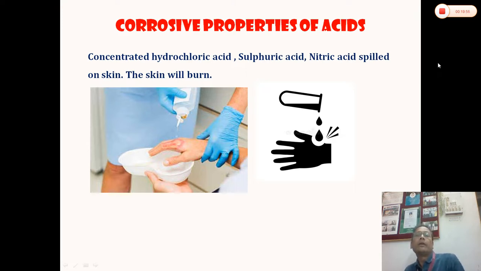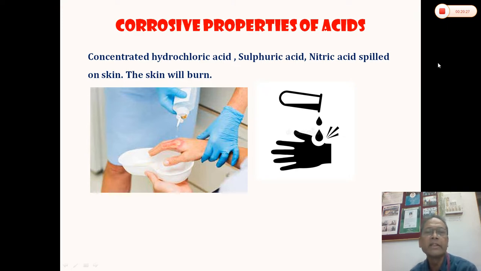Again, the dangerous part of acid is their corrosive nature. When acid, particularly laboratory acids, strong acids like hydrochloric acid, sulfuric acid, nitric acid, is spilled on the skin, it will burn the skin, and we cannot remove the effect or the damage to the skin by normal dressing.